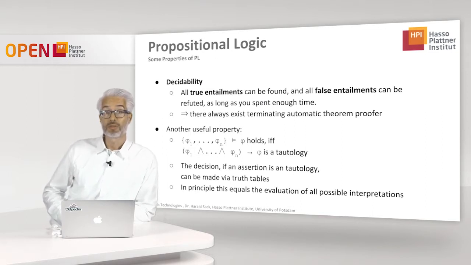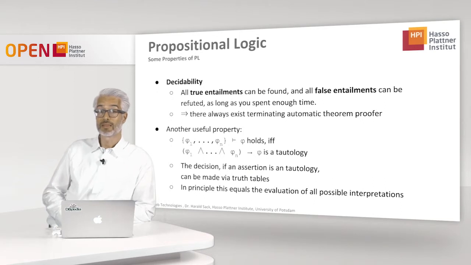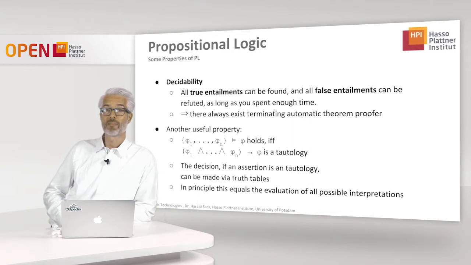Another useful property of propositional logic is the following. Here it's the equivalence or combination of semantic entailment and syntactic entailment. If you look at that first line, we have a semantic entailment: phi can be entailed from a set of propositional formulas phi sub 1 to phi sub n.